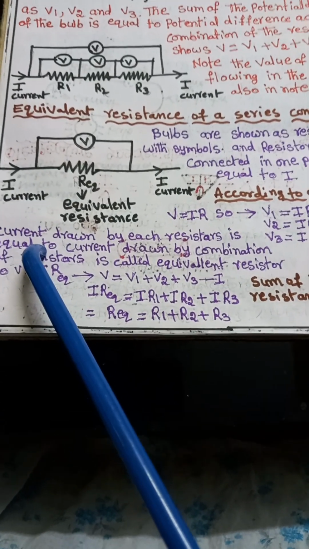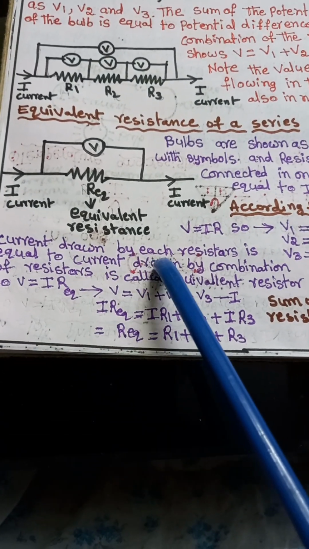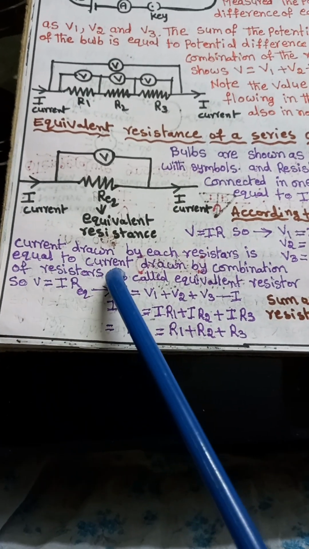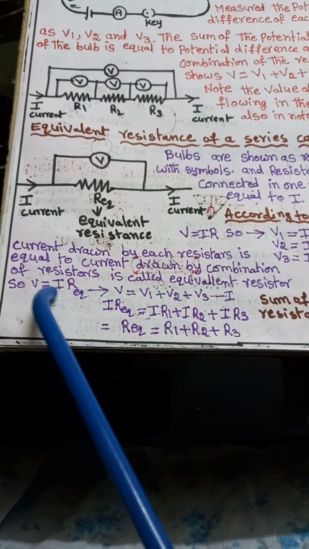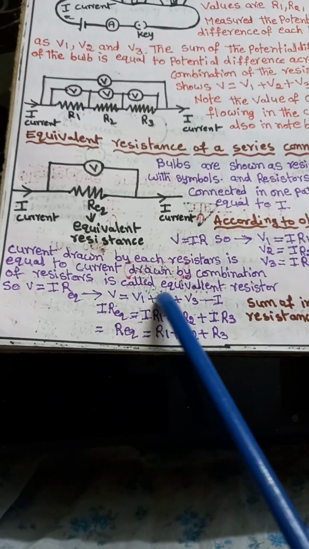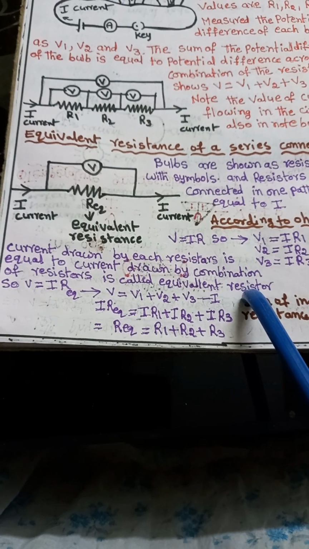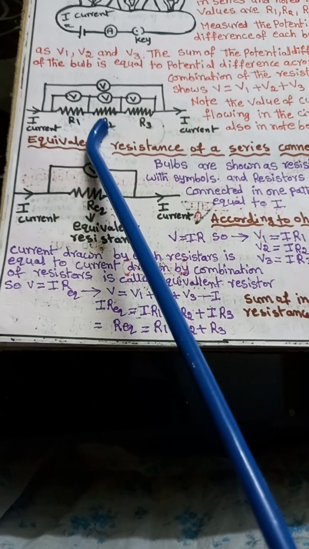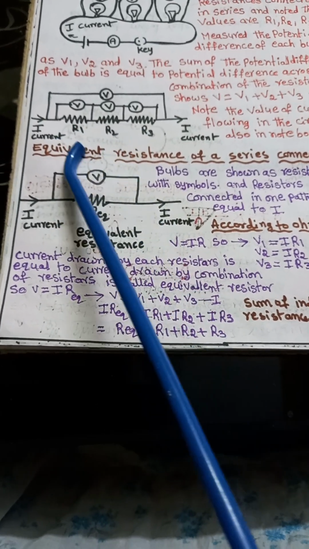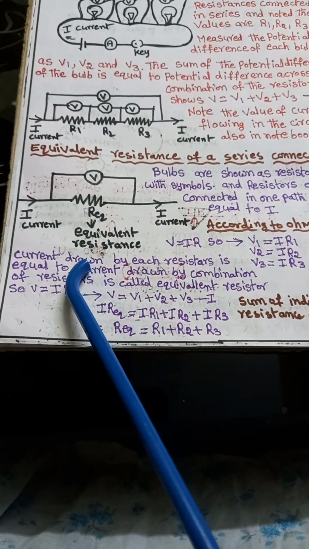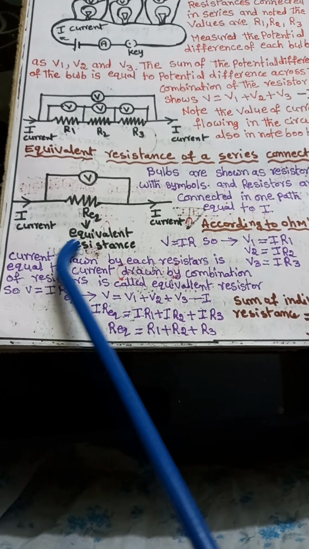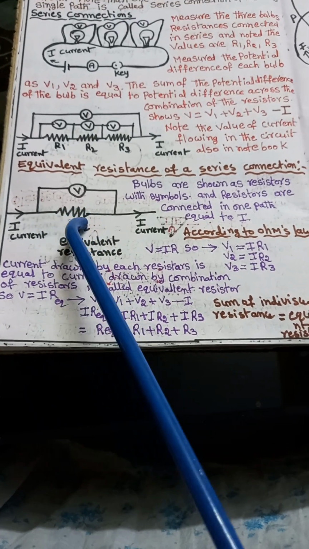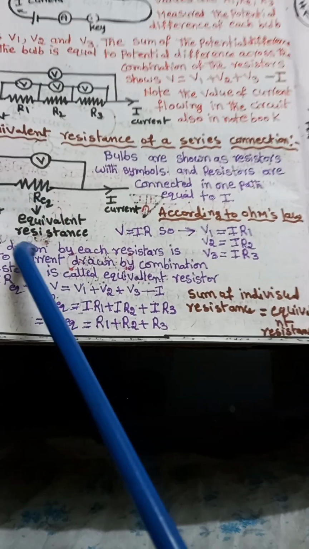The current drawn by each resistance is equal to the current drawn by the combination of resistors, called the equivalent resistance. Each resistance means R1, R2, R3, so these are equal to the equivalent resistance.